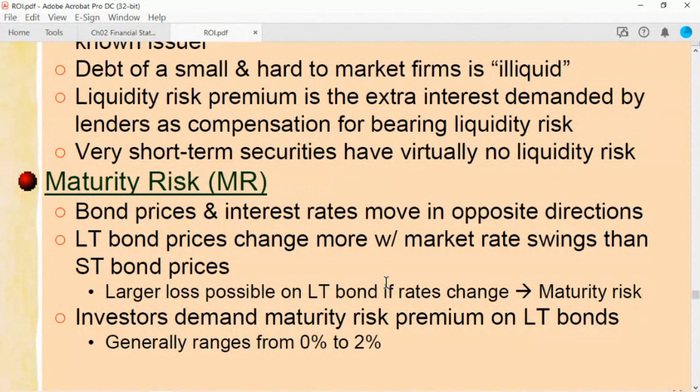Over a 30-year period, there's a very good chance that the interest rate will fluctuate more than once. Interest rate fluctuates anyway every day, but the variance, the range of fluctuation, is relatively small, right?